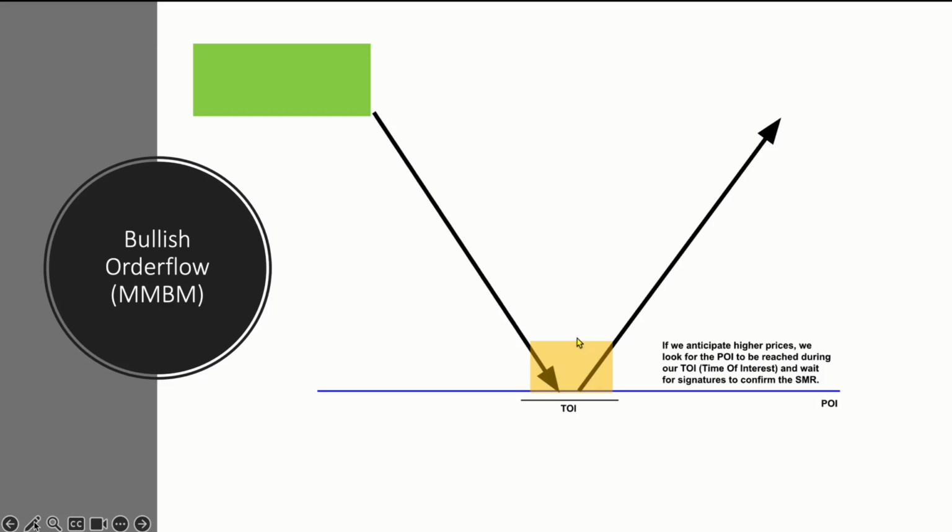This yellow box represents the smart money reversal, the SMR, and from there on we see buy-side delivery targeting the original consolidation's high. We're going to build up on this schematic, and during the beginning part of this lecture, we're going to focus on this yellow box, which represents the smart money reversal.